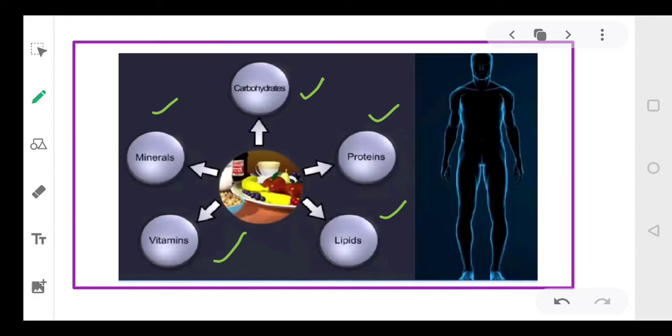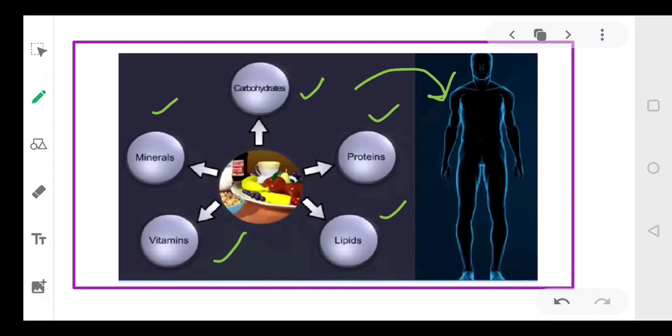But dear students, your body cannot utilize these components as such, right? Your food contains carbohydrates, fats, proteins, vitamins and minerals, but our body cannot utilize them directly. These food components are macromolecules. So they have to be broken down and converted into simple substances.